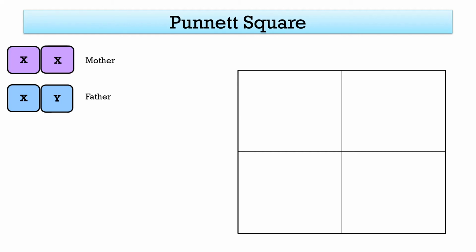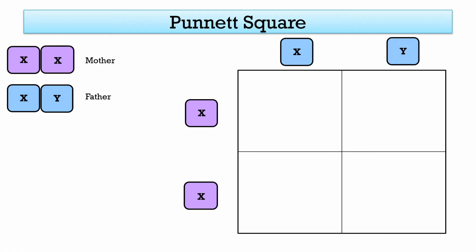So let's transfer those gametes over to our Punnett square. Remember, this is a human cell up here, a human bodily cell, so it's diploid. In a Punnett square, we separate the diploid cell into gametes, haploid. So here on the side, I've got the mother, X and X, and on the top I'm going to put the father, X and Y.